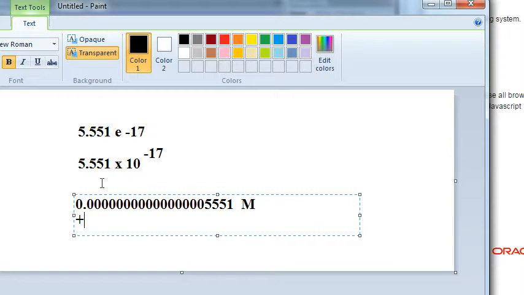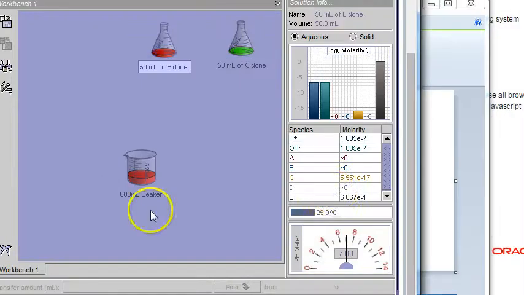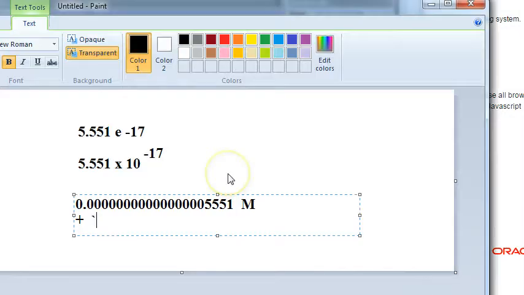Because of significant figures. How much E do we have in there? E was 0.6667 molar. If you add that tiny amount to your 0.6667 molar solution, what you get is your 0.6667 molar solution. These numbers come after all these zeros, so they take up a very insignificant amount.